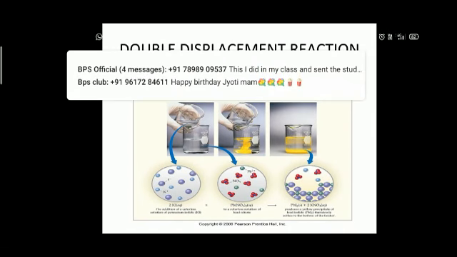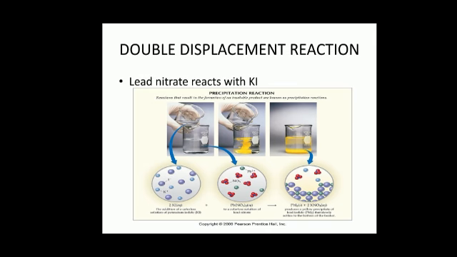So what is this? This is actually displacement of each other's ions of the two aqueous solutions we have taken. Since in this reaction a precipitate comes into existence, the reaction is also known as precipitation reaction.